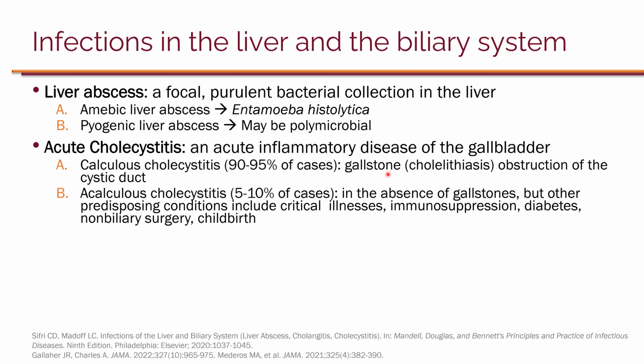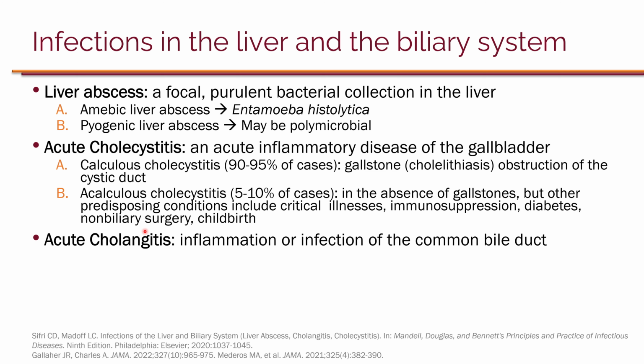So this obstruction of the cystic duct by a gallstone is what drives the inflammation. And then the remaining 5 to 10% of cases are acalculous cholecystitis. So in the absence of gallstone, other predisposing conditions include critical illness, immunosuppression, diabetes, non-biliary surgery, and childbirth.